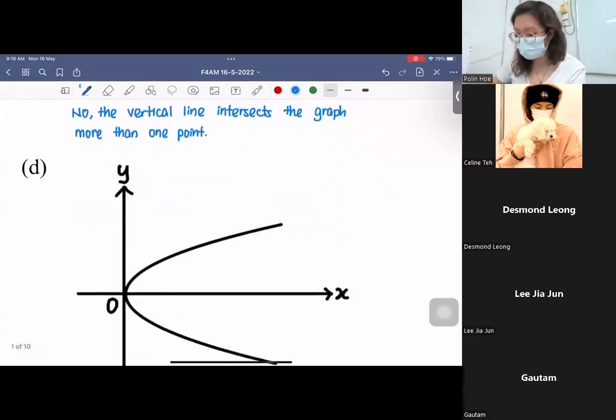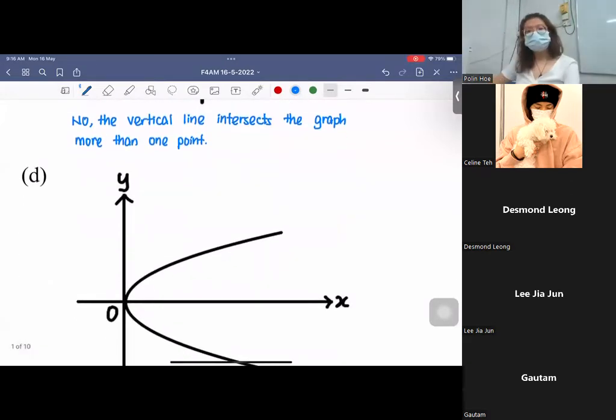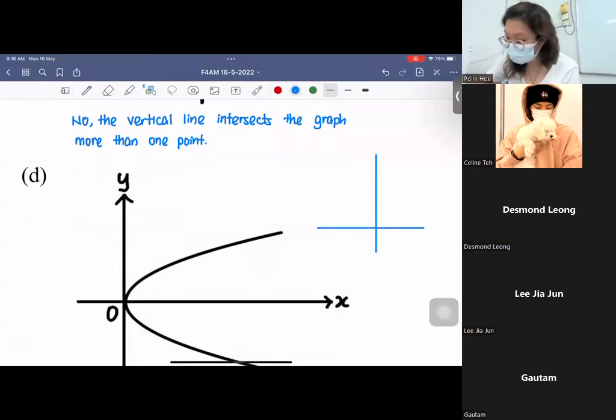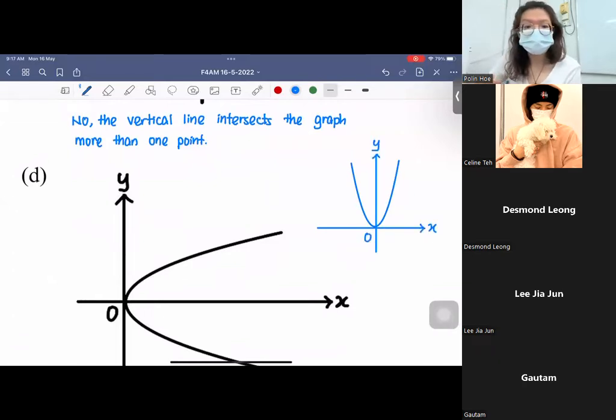And for the next one, do you know the name of this graph? This one we know is y equals x squared. What if the graph y equals x squared is tired, so it's sleeping? What is the name?